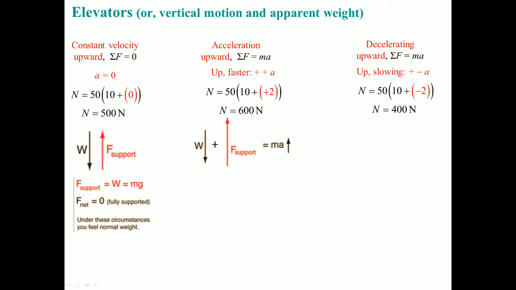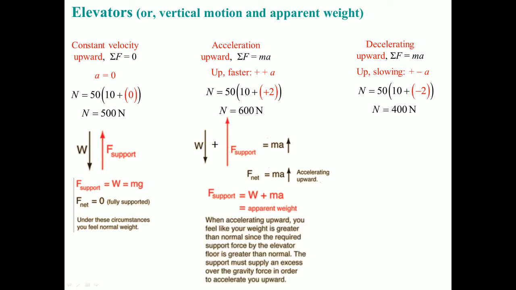That makes sense, because your F net is going up. So here, your apparent weight is your weight plus the mass times acceleration. The extra acceleration comes from the object accelerating up. Please understand that when accelerating upwards, you feel like your weight is greater than the normal since the required supporting force by the elevator floor is greater than the normal. The support must supply an excess over the gravitational force in order to accelerate the object upwards.